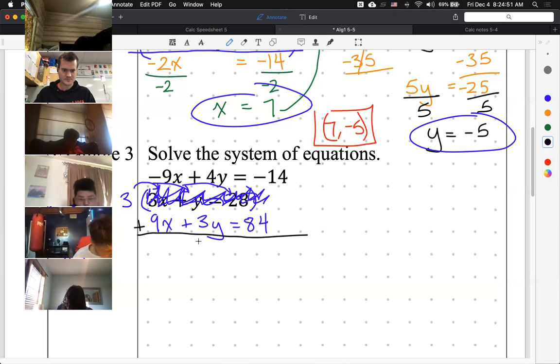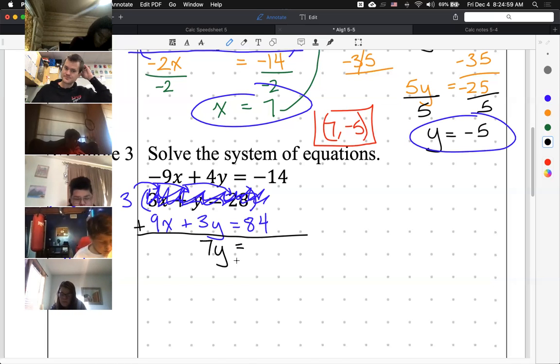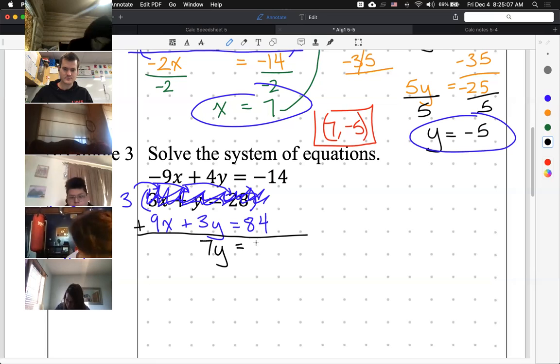You add 3y to 4y, which you would get 7y. And then you would add 84 to -14, which would be 70. 70. Thank you.